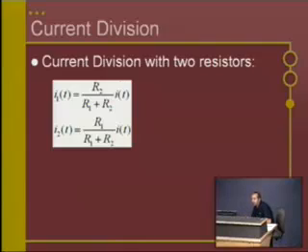Let's say that R1 happens to be 1K, R2 is 3K. So we plug those into this equation. We have 3K on the top, and then we've got 4K on the bottom. And so the current that's running through the 1K resistor is going to be 3/4 of whatever that original source current was. And that's the smaller of the resistances. The larger of the two resistances gets the leftover 1/4 of the current that's running through it.